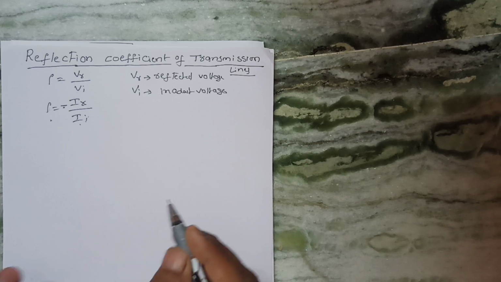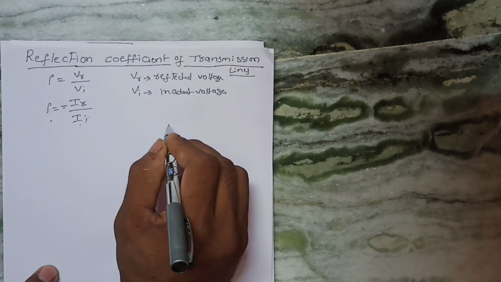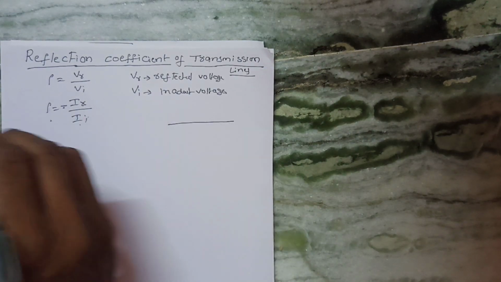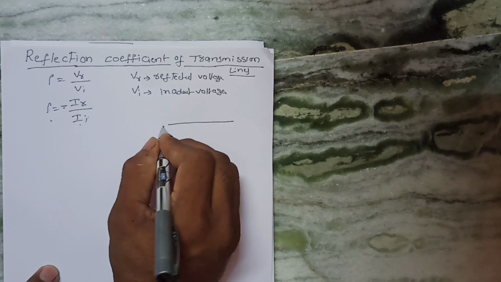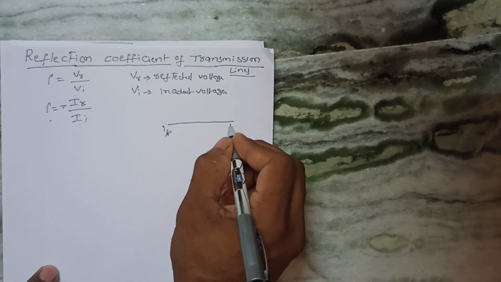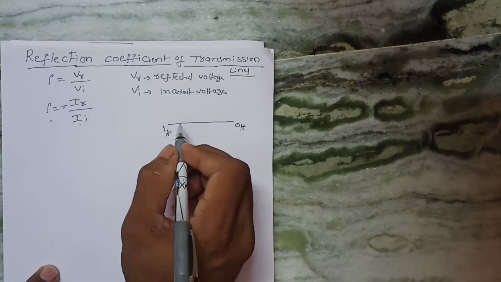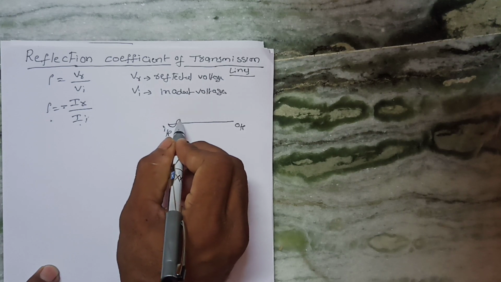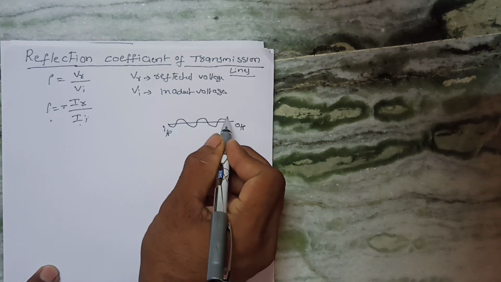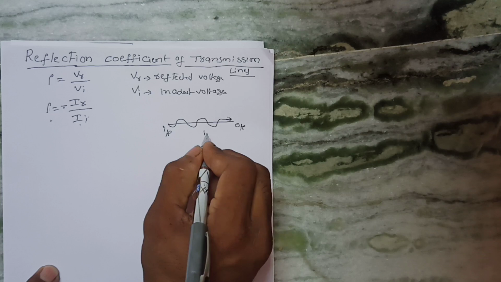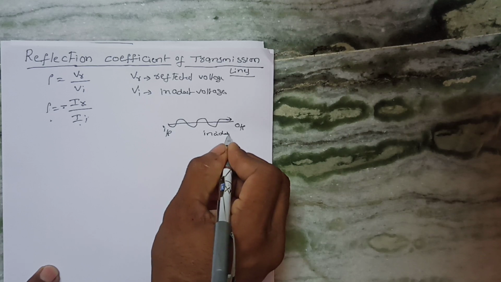Now I want to show the incident wave and the reflected wave. This is the input port and this is the output port. When waves travel from the input to the output, those waves are known as incident waves.